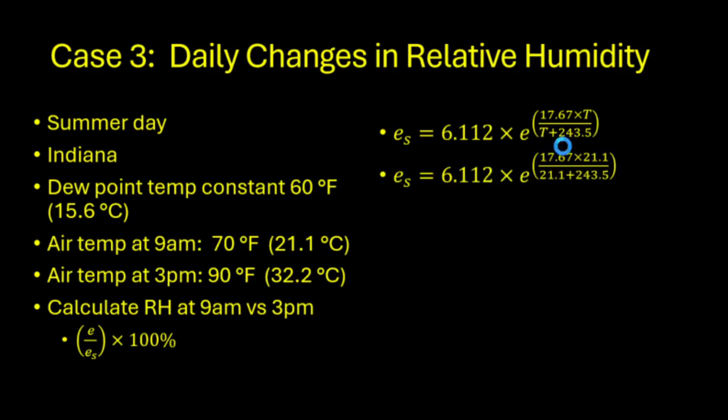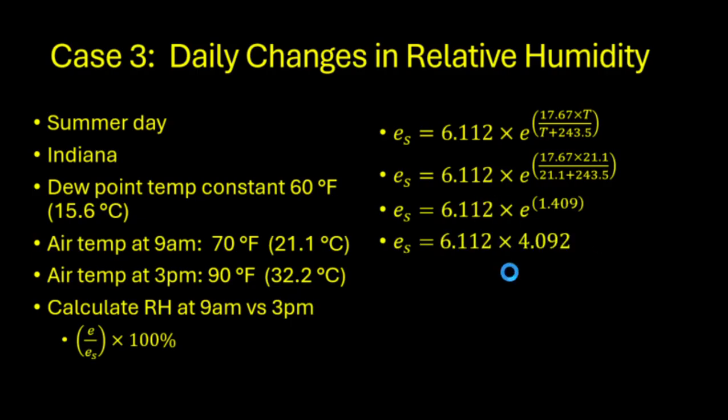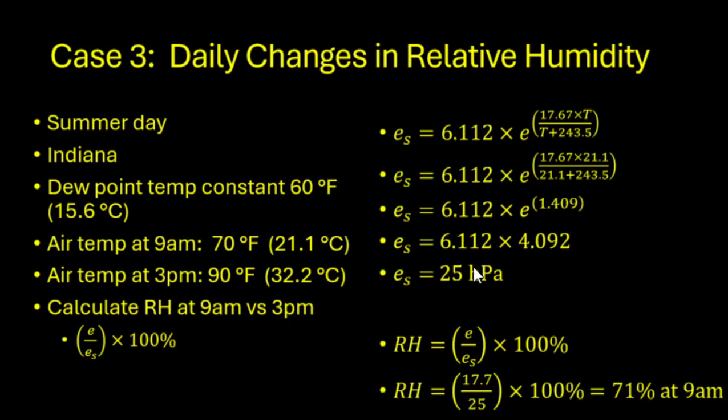We got 70 degrees, which is equivalent to 21.1 degrees Celsius. So as I calculate the saturated vapor pressure at 9 a.m., I will then find the result to be 25 hectopascals. So now if I take the relative humidity formula and then just plug in those numbers, 17.7 from the previous slide and 25 from this one, we get 71% at 9 a.m. in terms of our relative humidity.